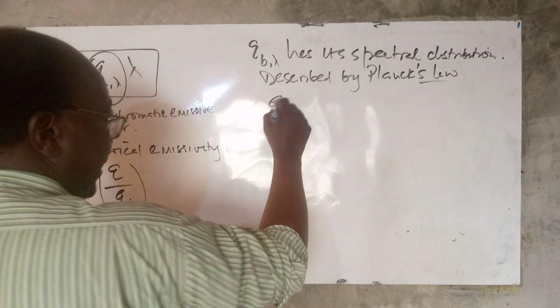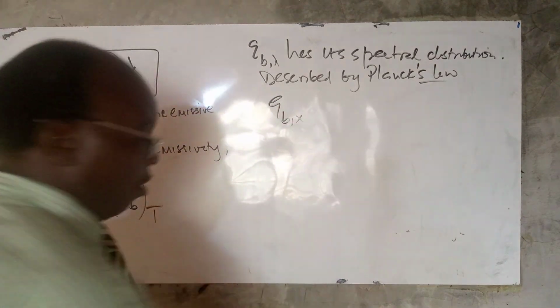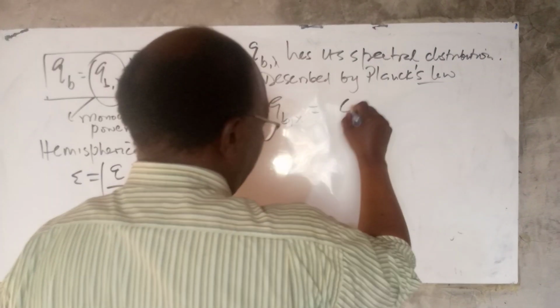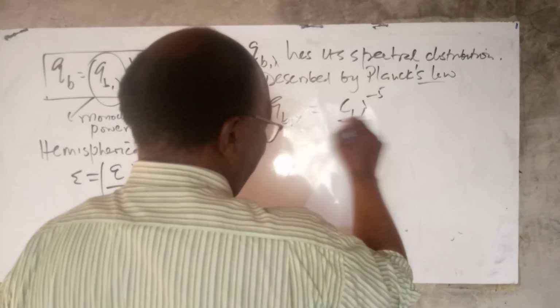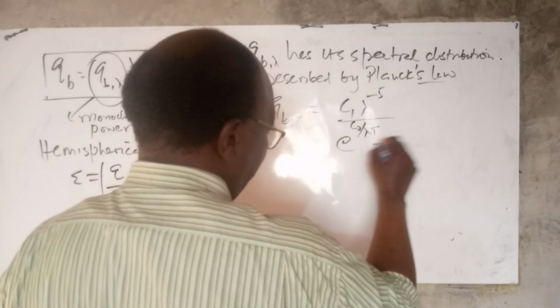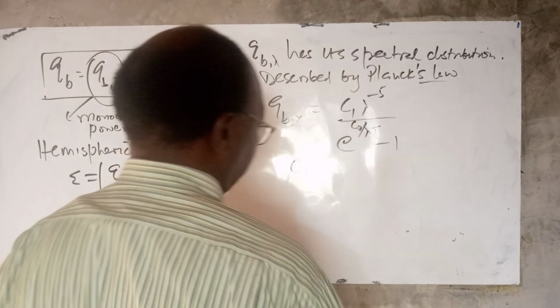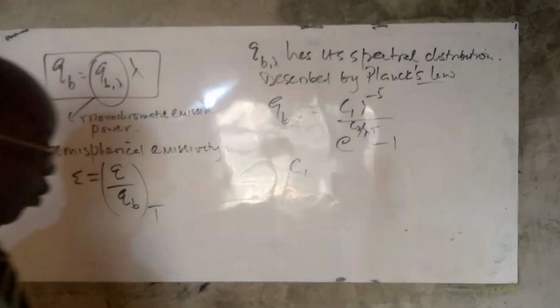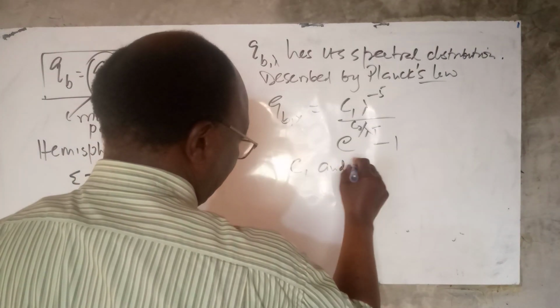And what is that? It says that the spectral distribution of this monochromatic emissive power is C1 pi over lambda to the fifth, times e to the power C2 over lambda T minus 1, and C1 and C2 are constants.